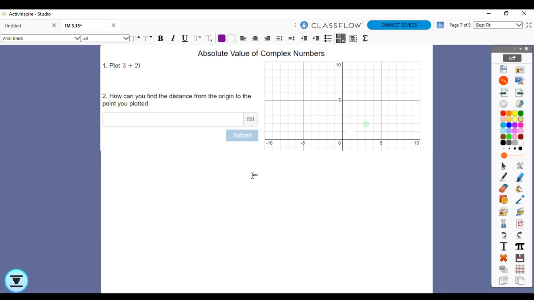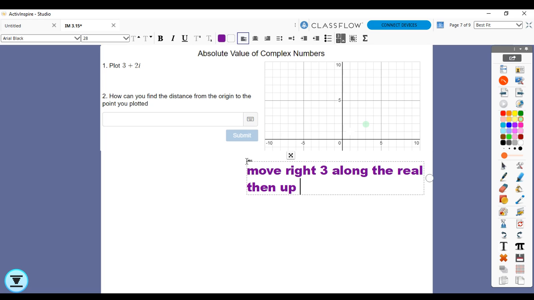So I'm going to write this out because this is what I'm going to be looking for when you graph complex numbers, the explanation. So you would move right 3 along the real axis and up 2 on the imaginary axis.